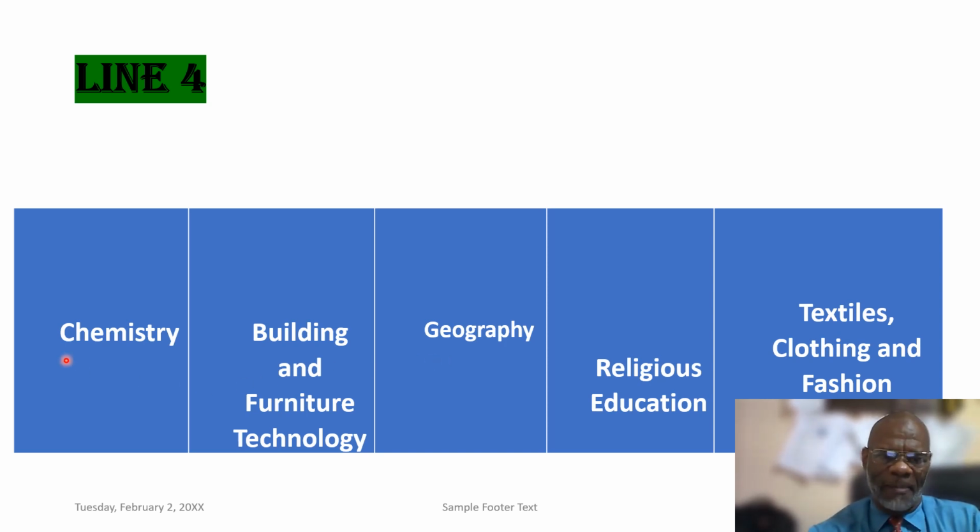Now let's say many students, maybe about 50 students, want to do both chemistry and geography. Right? Then what we may have to do is look at since so many students want to do both chemistry and geography, then we may have to shift one of the subjects from the band, alright, or from the line.